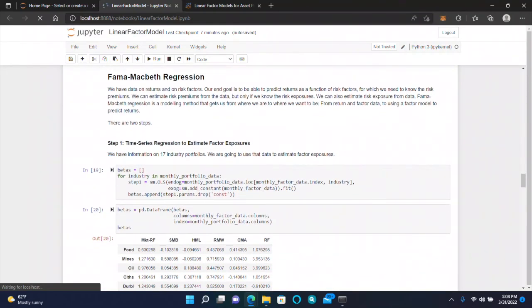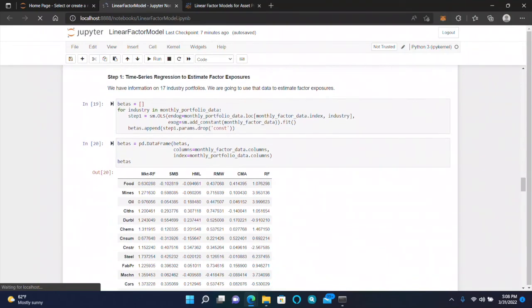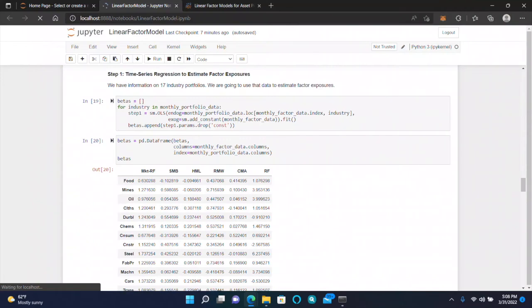Now we're ready to do Fama-Macbeth regression. And step 1, of course, is time series regression to estimate factor exposures. So we're making an empty list of betas. We need to go through every industry. And we're going to do an OLS regression where our X variable is the monthly factor data, which we need to add a constant to for the intercept for alpha, okay?